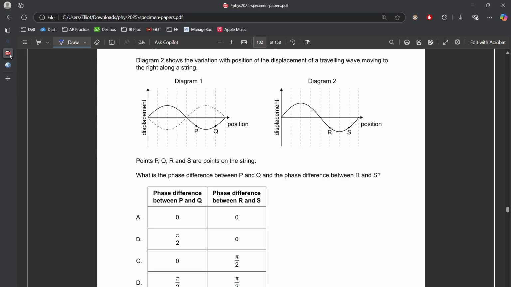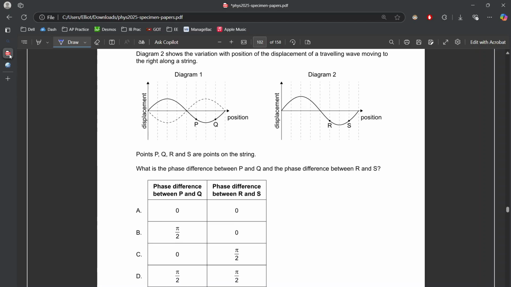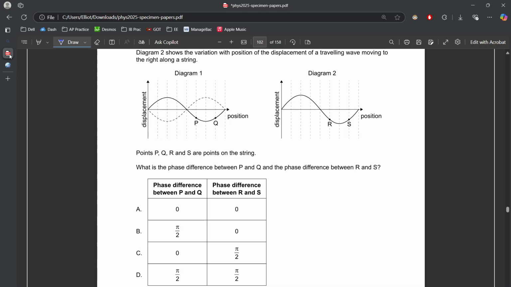What is the phase difference between P and Q and the phase difference between R and S? Okay, so here, each of these things is 1, 2, 3, 4, 5, 6, 7, 8. Oh man, I've got no idea.